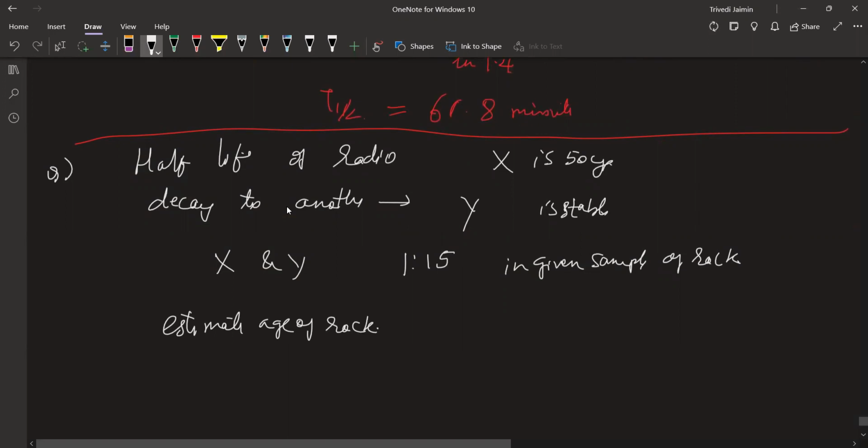It decays to another element Y, which is stable. The two elements X and Y were found to be in the ratio 1:15 in a sample of given rock. The age of the rock was estimated to be 150, 200, 250, or 100 years. That's what we need to find out.